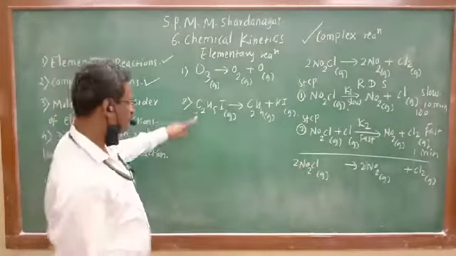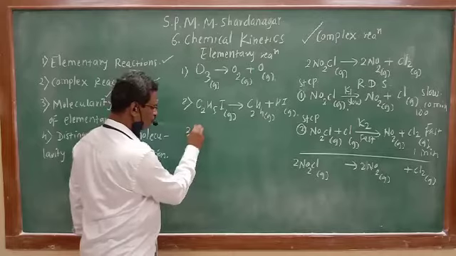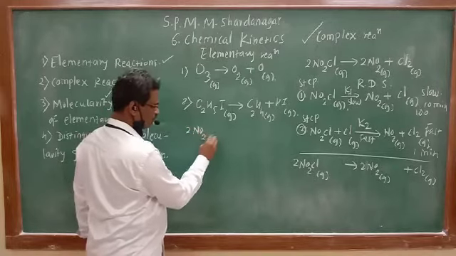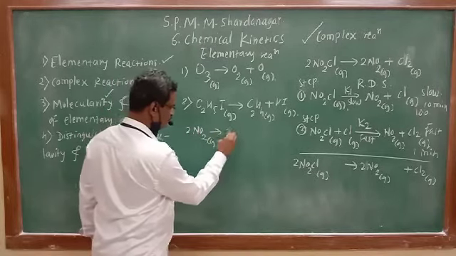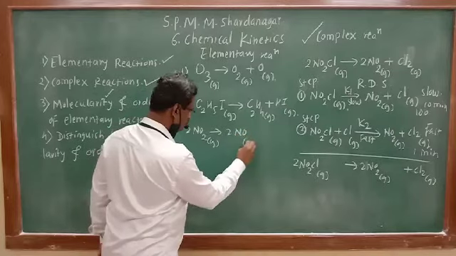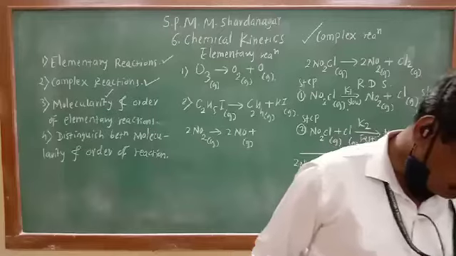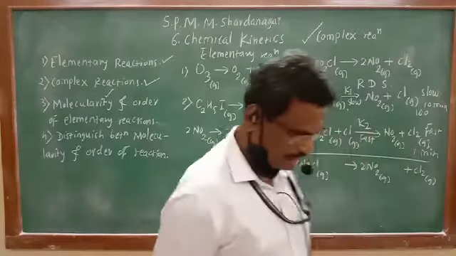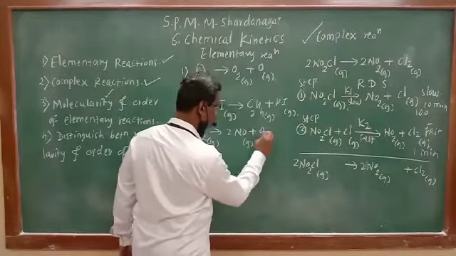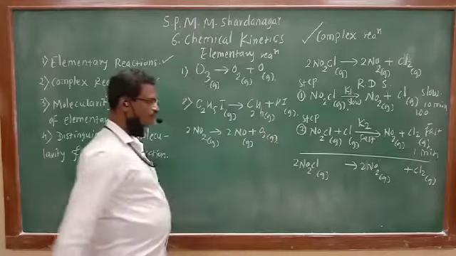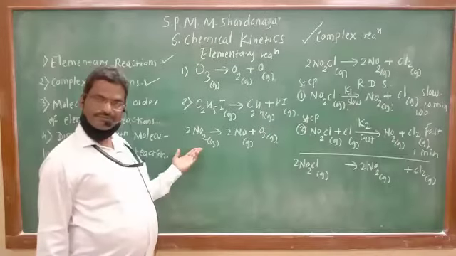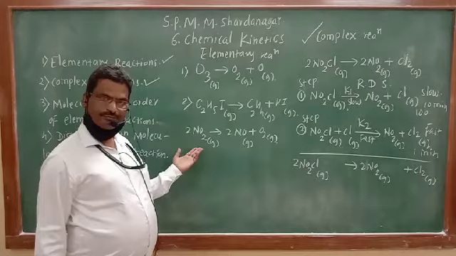If I write this reaction, 2NO2 gas giving 2NO gas plus O2 gas, what is the molecularity of this? 2.